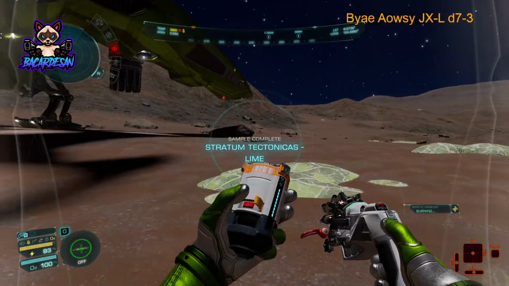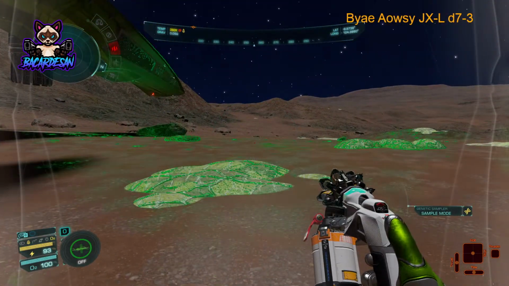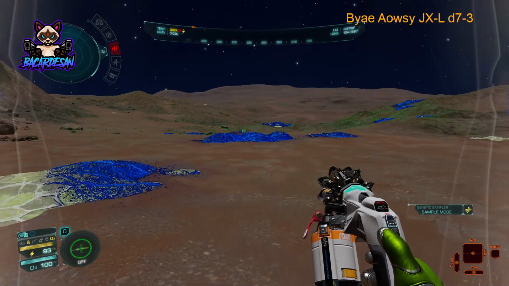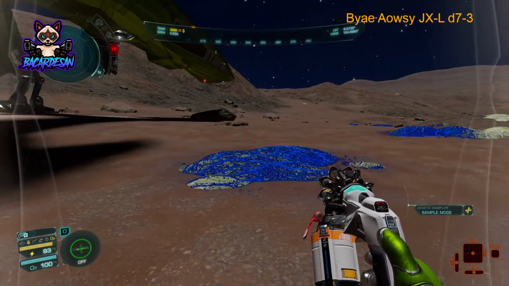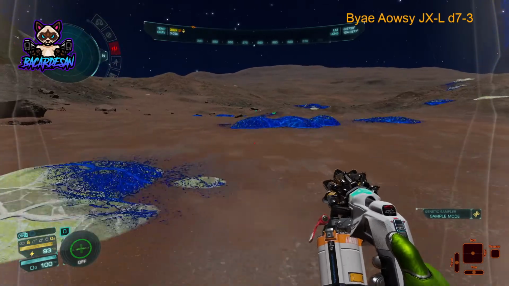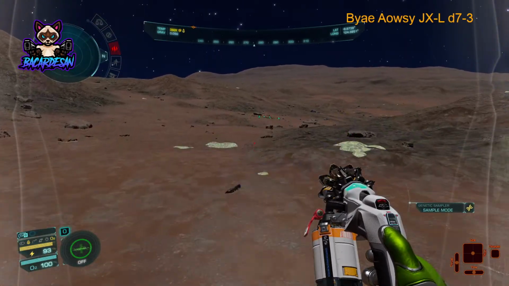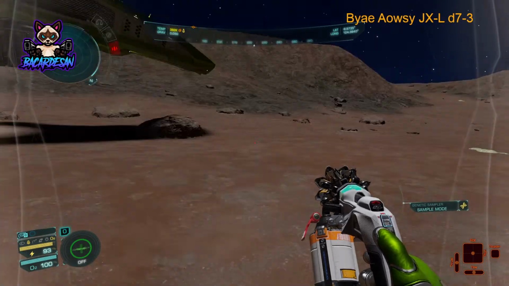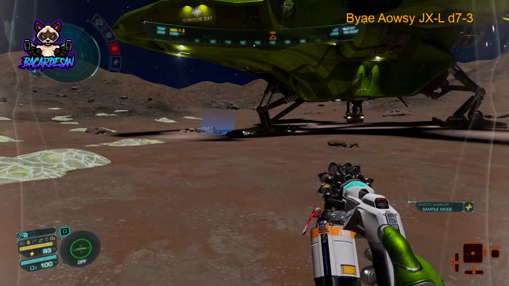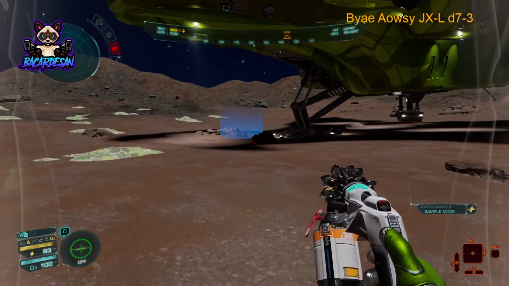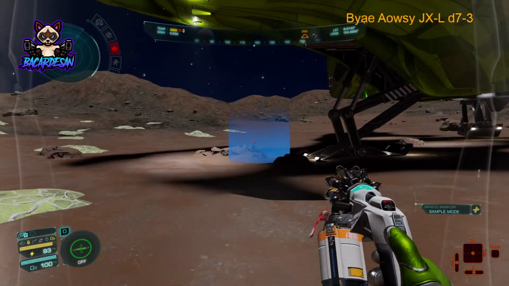Sample collection complete. Any tussock? Any tussock? Maybe over there. Oh, we can do better than that. We'll just go land by a couple of patches of it.